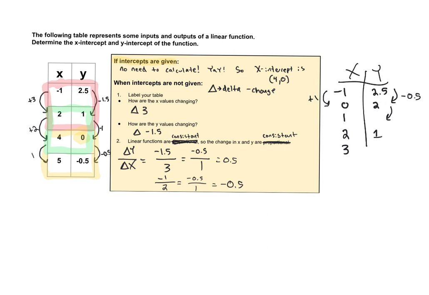That would mean that this would be 1.5, because as x increased by 1, y decreased by 0.5, and that pattern stays true. So what we have there is our y-intercept right here. So we would say that our y-intercept is the point where x is 0 and y is 2.